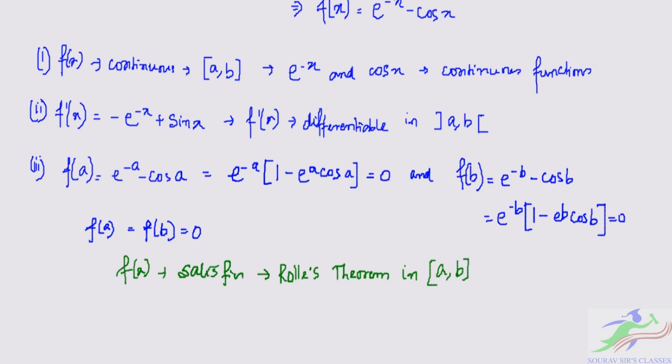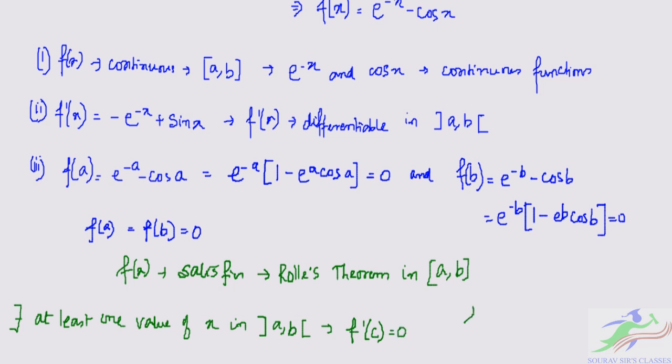at least one value c in the open interval a comma b such that f prime c is equal to 0.